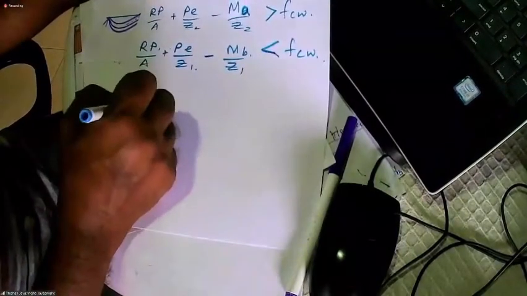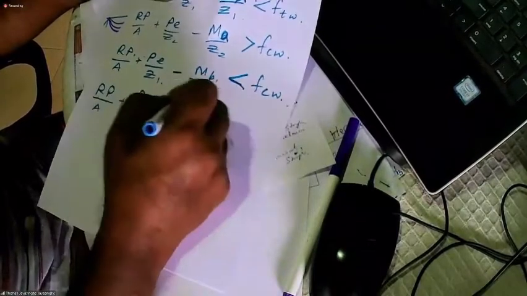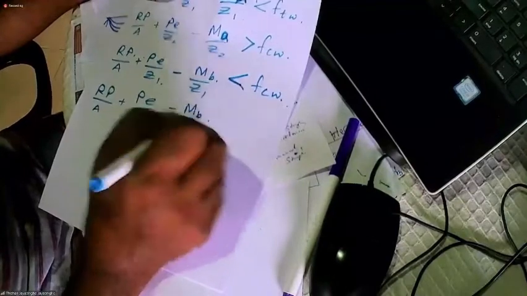P over A plus PE over Z2 minus MB over Z2. At the maximum moment, this can fail in compression.